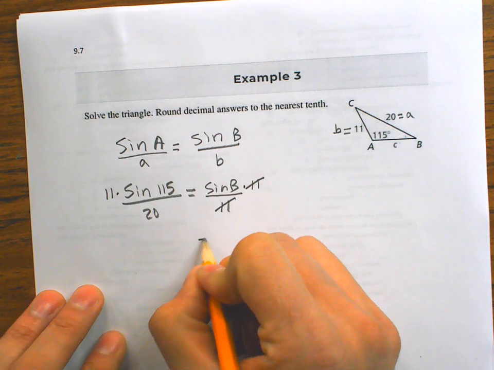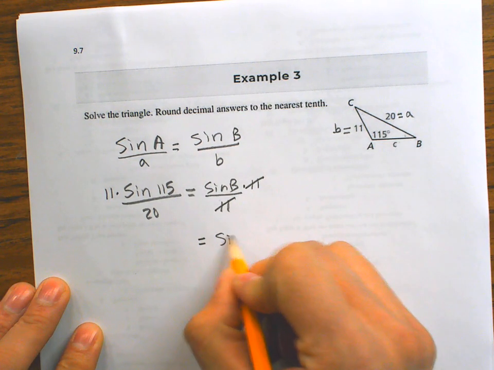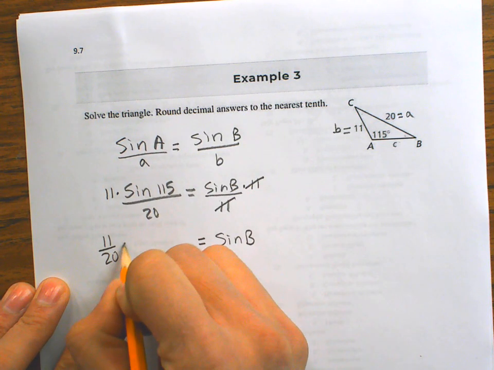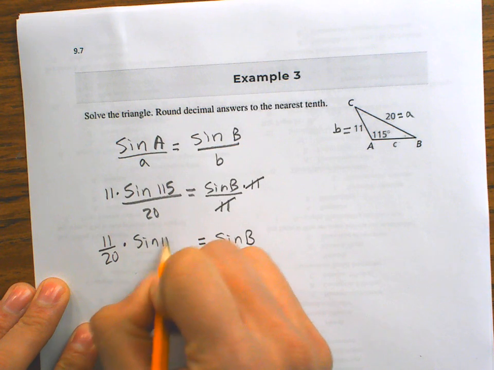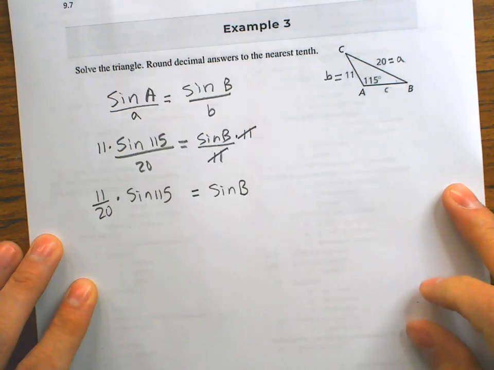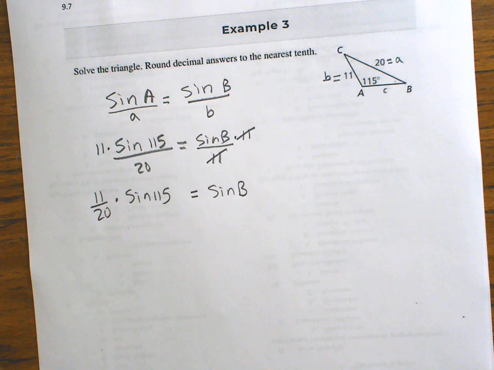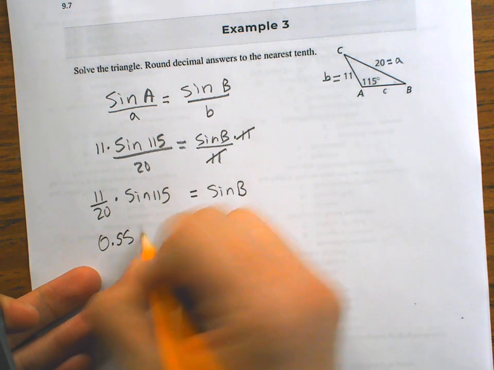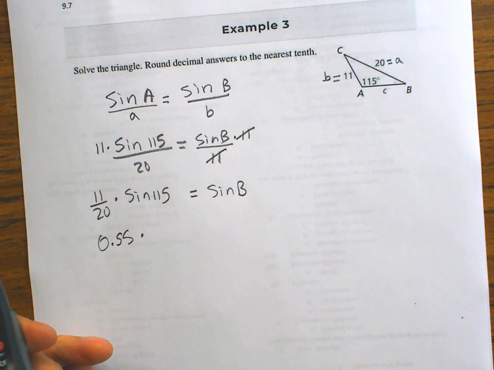I'm going to end up with the sine of B equals 11 over 20 multiplied by the sine of 115. I'm going to do 11 divided by 20 first. This is all about decimals, guys. 0.55 multiplied by the sine of 115.